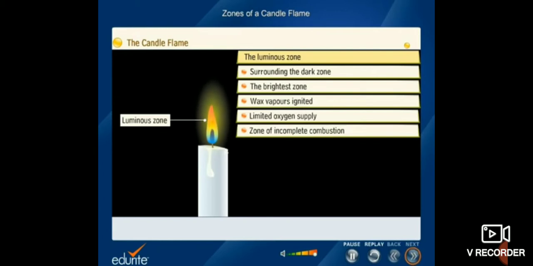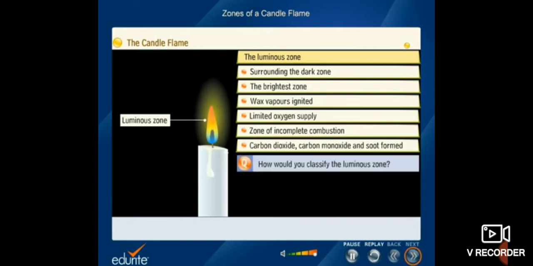Many times we see a short red zone formed after the yellow flame zone. The soot particles that are only partly burnt glow and give an orange-red color while cooling after combustion. They are then pushed further upwards by the heat currents to the outermost zone. How would you classify the luminous zone?